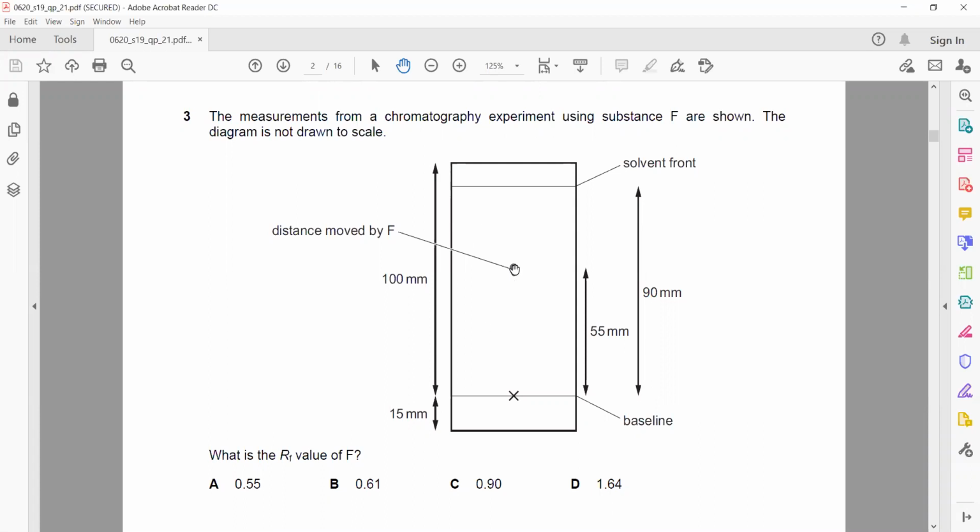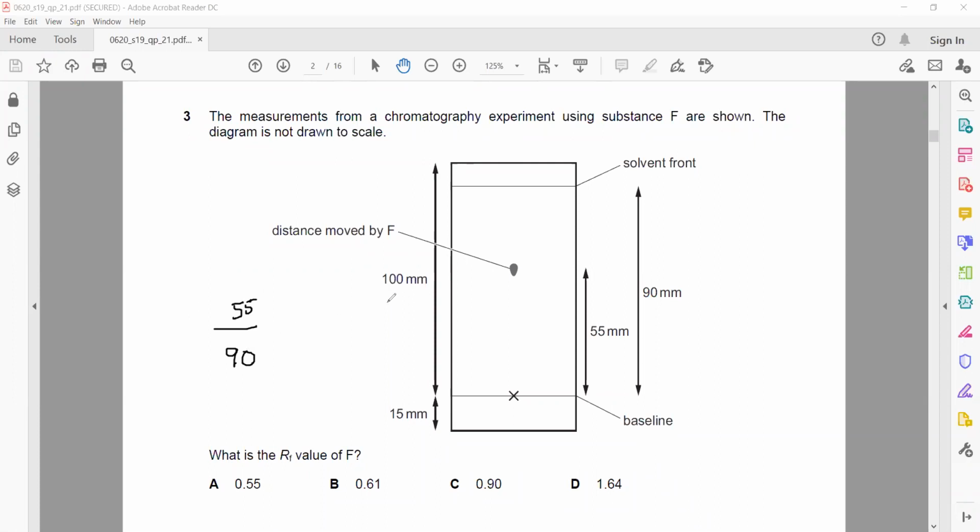So for question number 3, distance moved by the spot. The spot moved a distance of 55 divided by the distance moved by the solvent front.